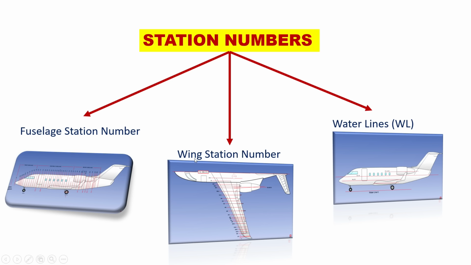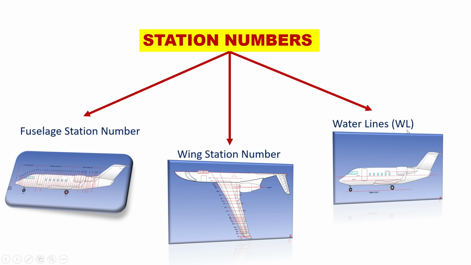So from the top, it will look like this, and we consider it as a wing station number, where we divide the wings into various small lines, and then you can identify the position of the wing tip or the middle part or near the root, right? This is wing station number. And then there's also a station number given for vertically defining position, that is waterline. This is a little different, so you need to keep this in mind.